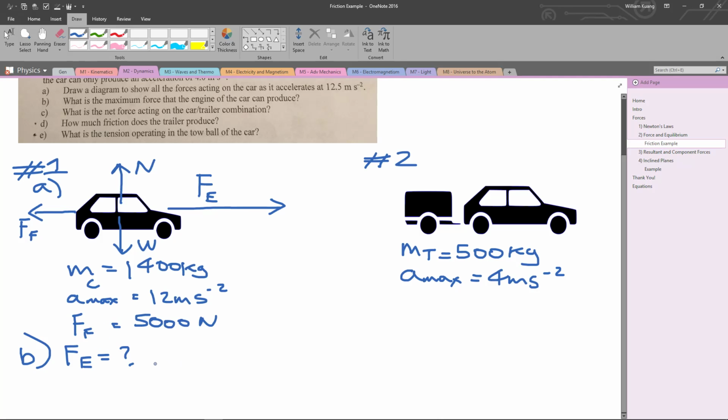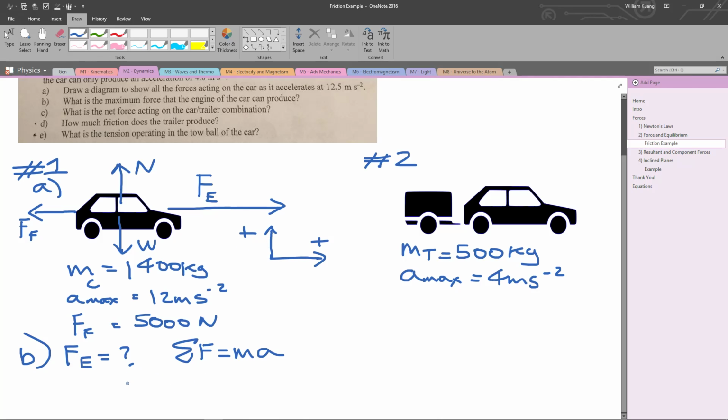If you use Newton's second law, the sum of all forces is equal to mass times acceleration. When you consider the sum of the forces, you have to sum all of the forces, but because N and W cancel out, I'm going to set up some positive axes as a convention: this is positive and that's positive.